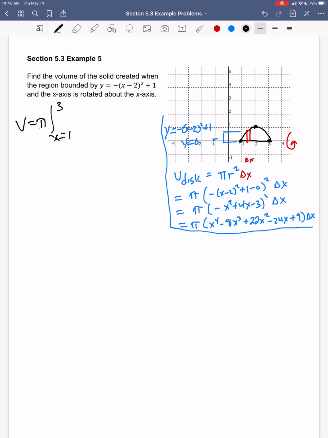So I've got x to the 4th minus 8x cubed plus 22x squared minus 24x plus 9 dx.